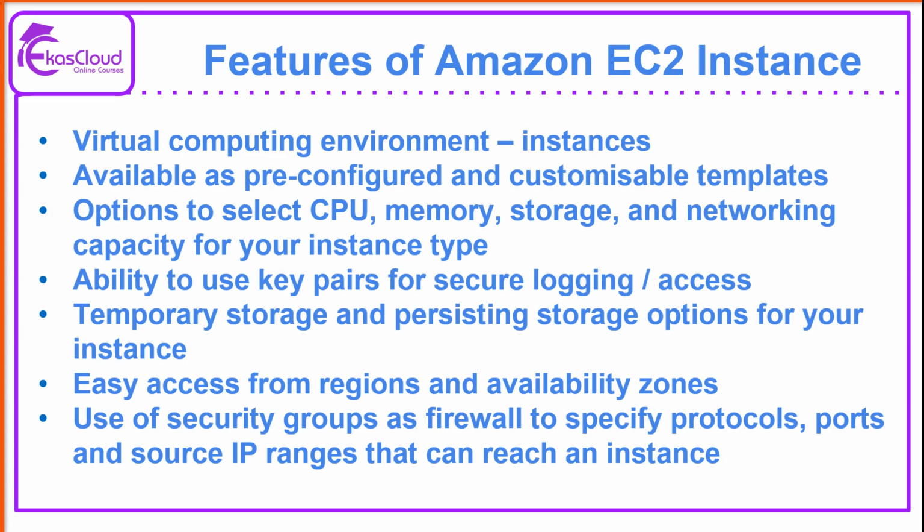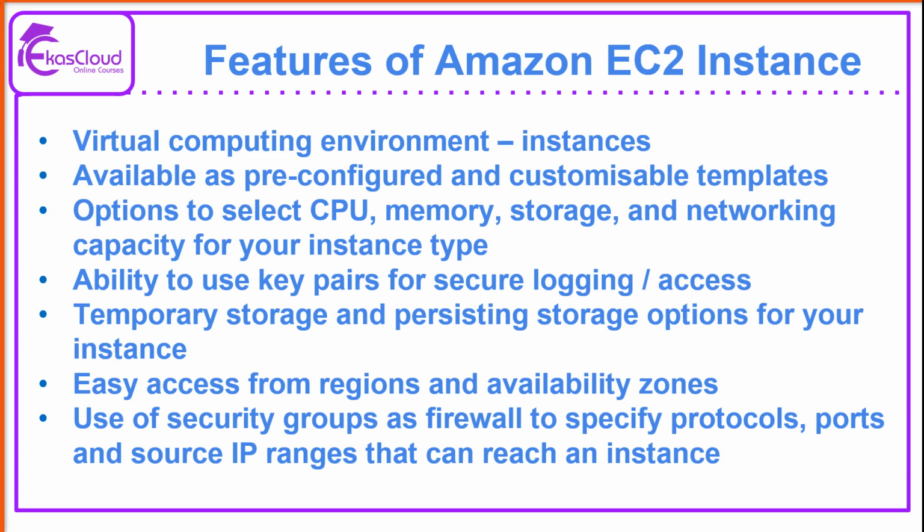There are two types of storage for your instance. You can have a temporary storage, which is one that comes automatically with your instance, or you can have the option to buy more storage, which is called a persistent storage option for your instance.